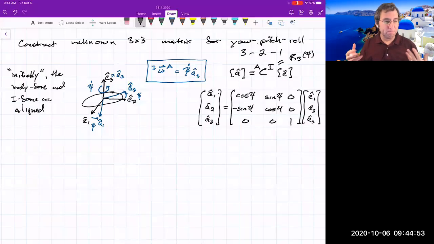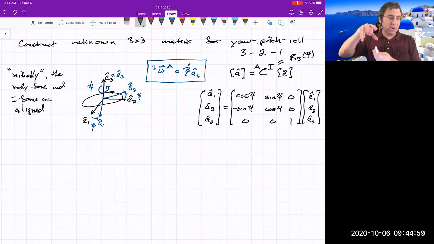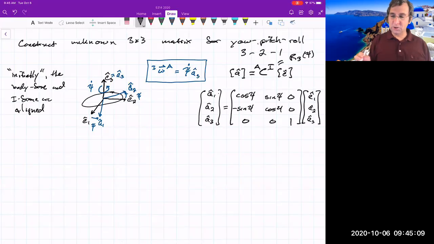That's the conceptual power of the Euler angles: you're thinking of any arbitrary orientation as coming about through a sequence of three pure rotations about axes. So now we've done the rotation about the number 3 axis.